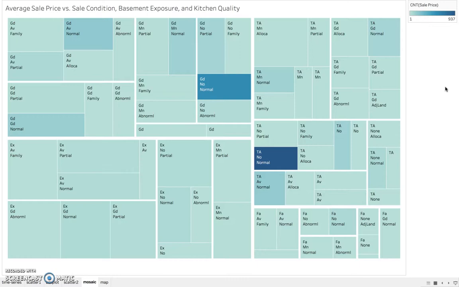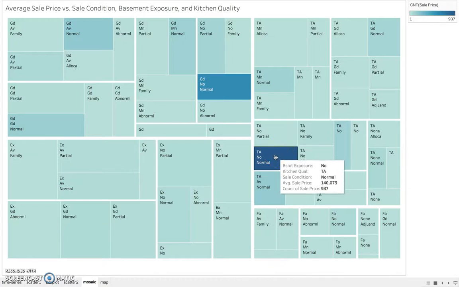We could notice that the sales price under different sales condition, basement, and kitchen quality are different, and the size of each square is proportional to the average sales price, while the shade of color is based on the number of observations, which means that the largest square has the highest average sales price. We could notice that if you want a good basement, excellent kitchen, and abnormal sales condition, you will afford the highest sale price.